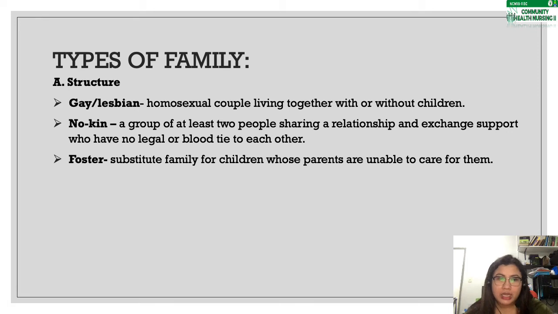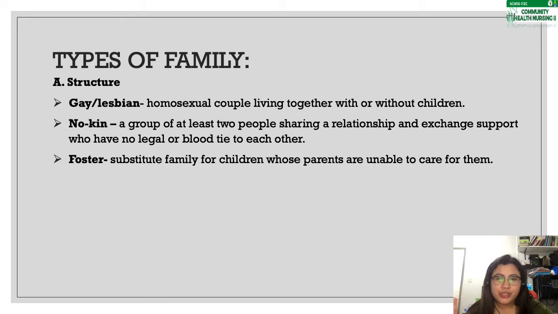The no-kin is a group of at least two people sharing a relationship or exchanging support who have no legal or blood tie to each other. It can be a group of friends, without children. They are not related by blood, but they share the same relationship or exchange support.